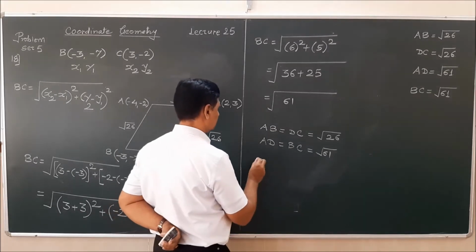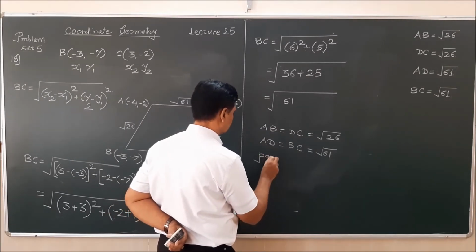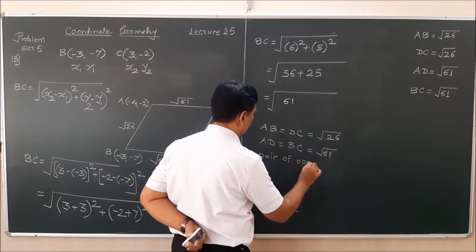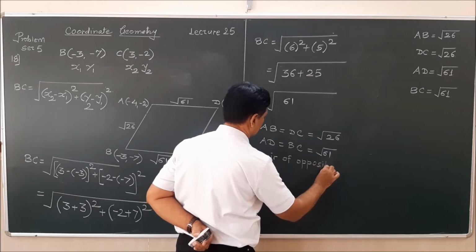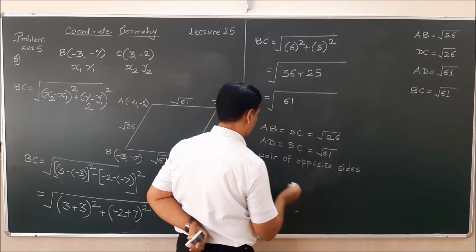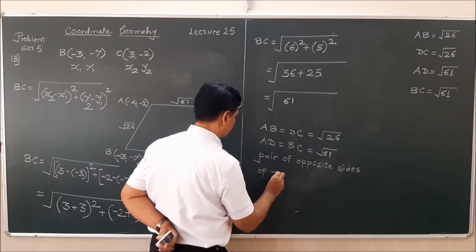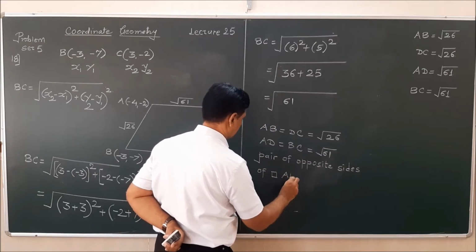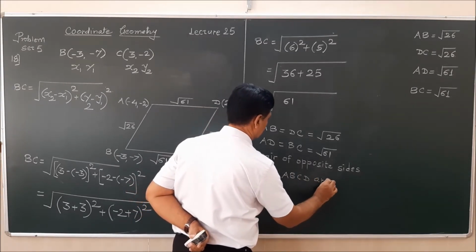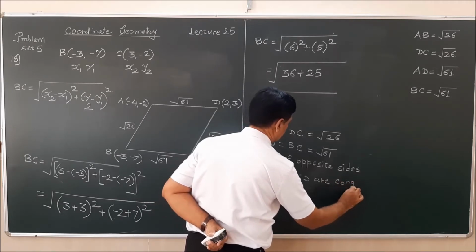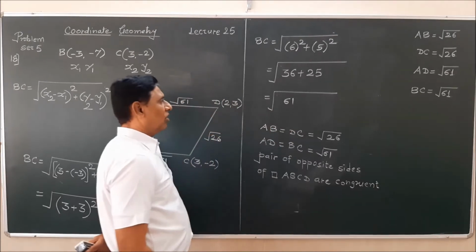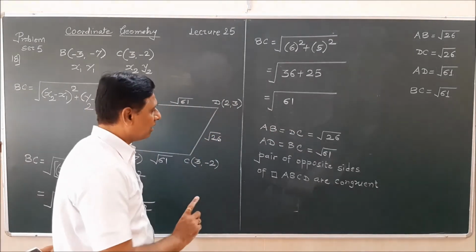So, pair of opposite sides of quadrilateral ABCD are congruent.